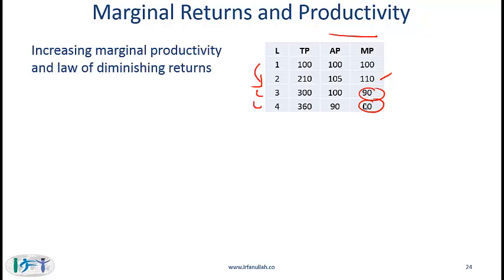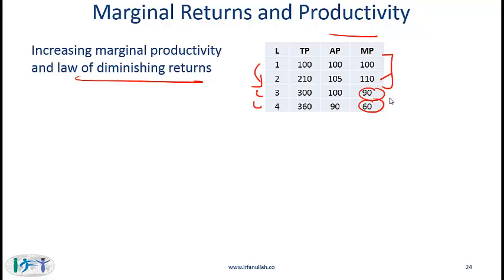So what we are observing here is something called the law of diminishing returns, where we say that as we keep increasing a factor of production, initially there might be efficiency, but at some point we will have inefficiency in the sense that the marginal product is coming down.